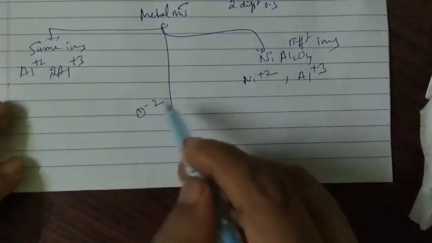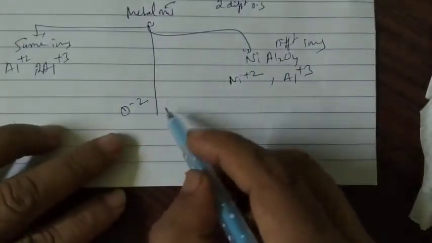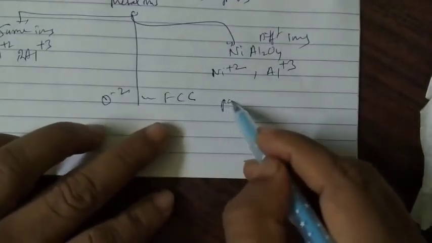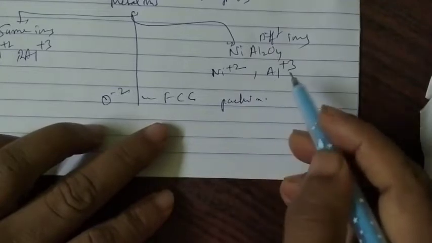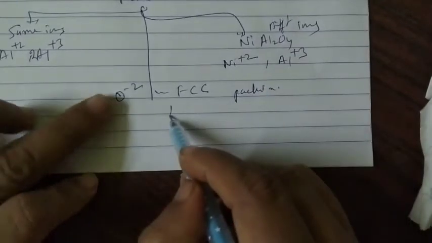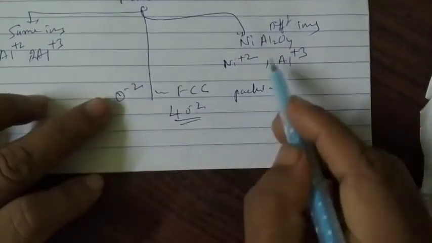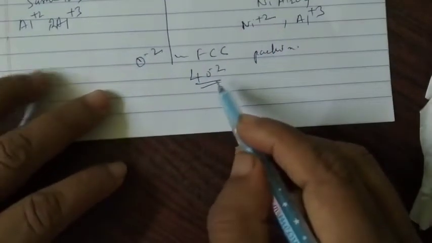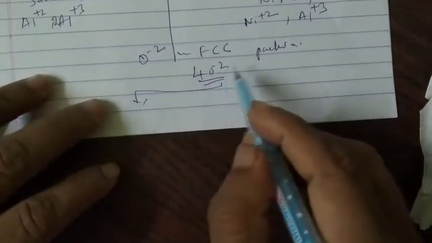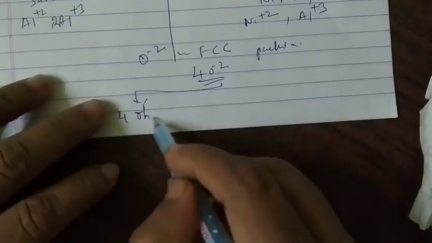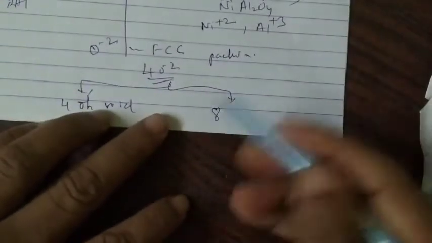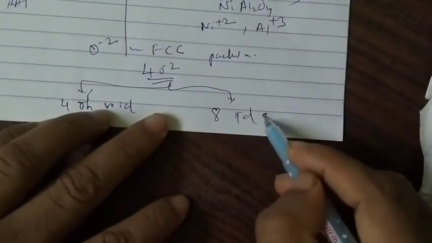The spinel arrangement has O minus 2 ions with FCC packing, face centered cubic packing of the O2 minus. There are 4 oxide ions, O4, and these 4 oxide layers with FCC packing are arranged with 4 octahedral voids, and 4 octahedral voids means double that, 8 tetrahedral voids.